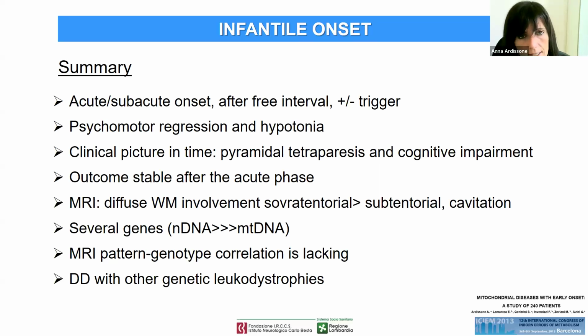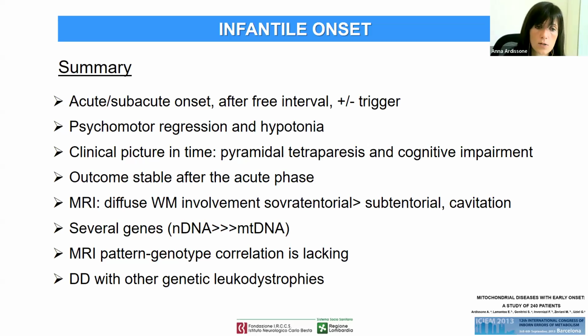So, summarizing the findings of mitochondrial leukodystrophy in children, we know that they present an acute or subacute onset after a free interval, with or without a trigger. The clinical symptoms at onset are generally psychomotor regression and hypotonia, and the clinical picture over time is characterized by pyramidal tetraparesis and cognitive impairment. This picture is generally stable after the acute phase. At MRI, it is possible to observe diffuse white matter involvement of both supratentorial and subtentorial structures associated with cavitation.